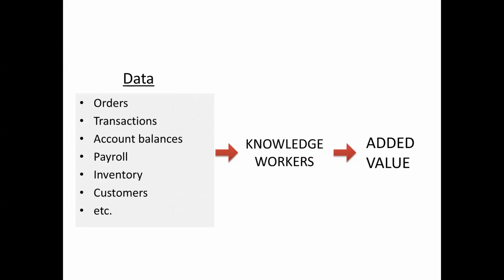And when we look at the data they consume, what kind of data do they operate with? It can be orders, customers, transactions, price lists, account balances, payroll, and whatnot.